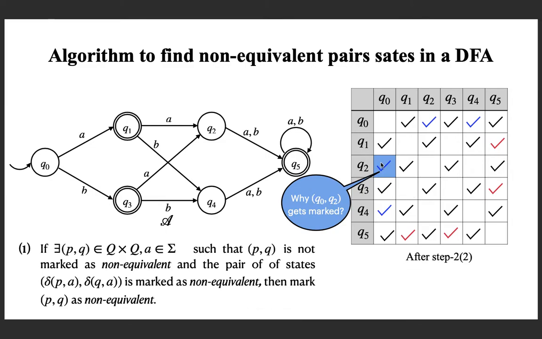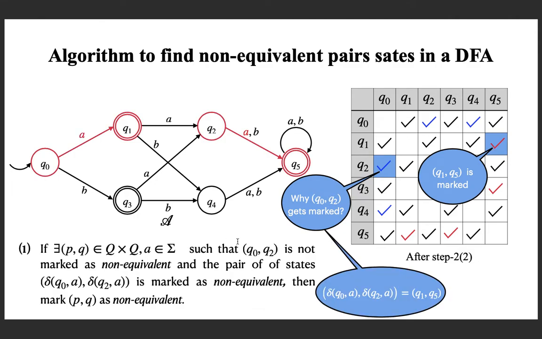Why is it that Q0 Q2 is marked? Because you note that Q1 Q5 is marked in the previous step, and from Q0 on A you are going to Q1, and from Q2 on A you are going to Q5.